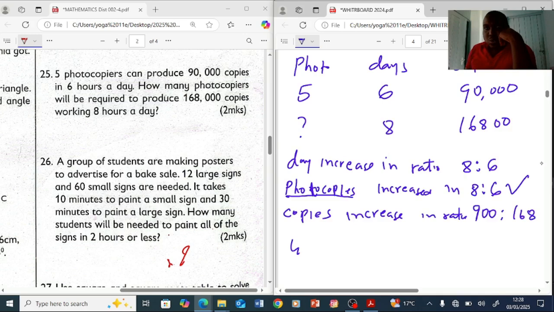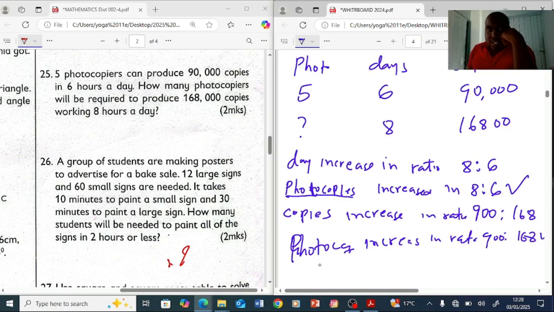Now, what will be the photocopiers? If they can produce more copies, then it means photocopiers also were many. Then photocopiers increase in ratio 900 to 168. Now to solve this, we use the one that talks about photocopiers.